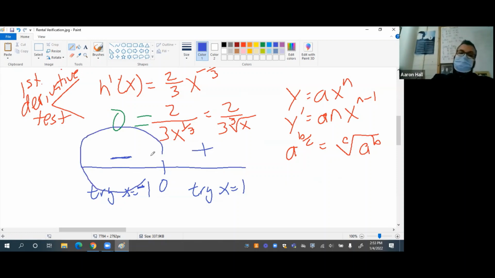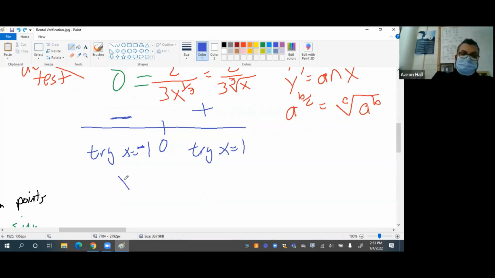What does this negative mean over here, if this is our first derivative test? The slope is negative, followed by a positive slope. What does that say about x equals 0? It's a minimum. X equals 0 is a min.